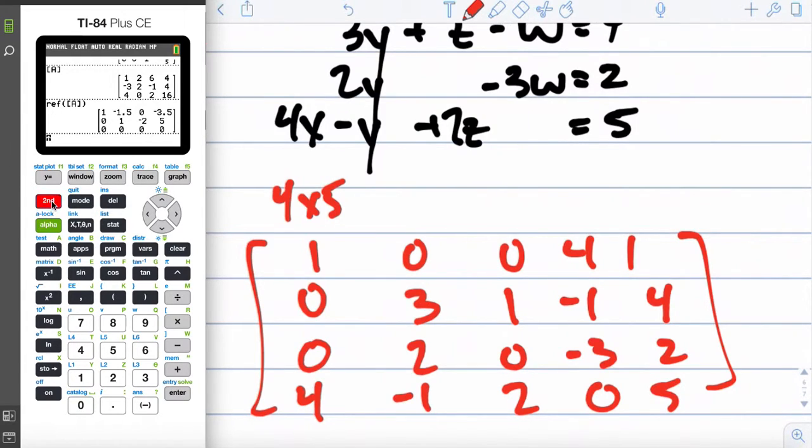So go into my second matrix. I go over to Edit. Matrix A is now a 4 by 5, and it has 1, 0, 0, 4, 1, 0, 3, 1, negative 1, 4, 0, 2, 0, negative 3, 2, and 4, negative 1, 2, 0, 5.